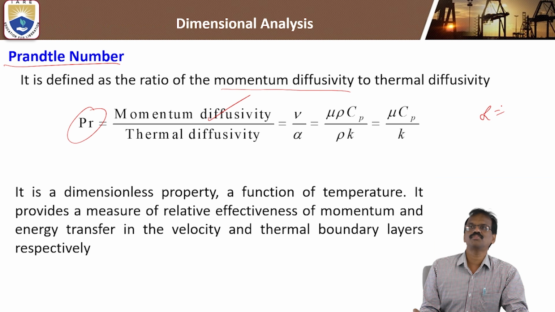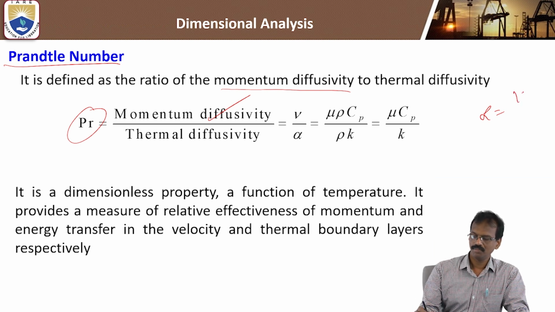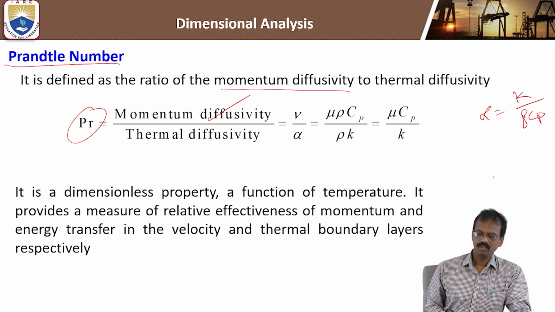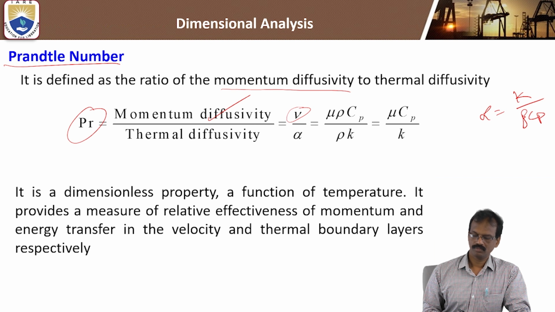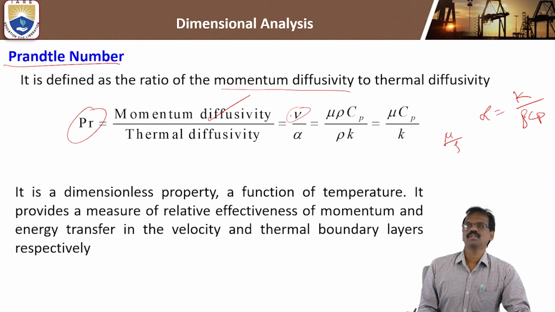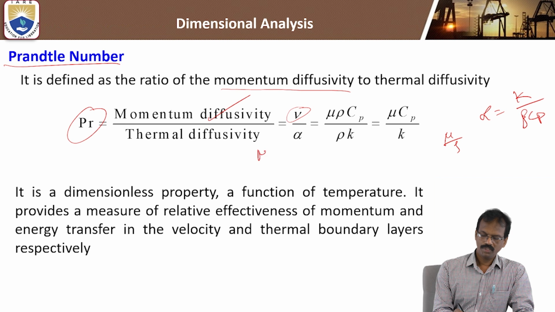Already we discussed this in previous classes also: alpha is K by rho Cp. So you can take the momentum diffusivity, which is equal to mu by rho, the kinematic viscosity.